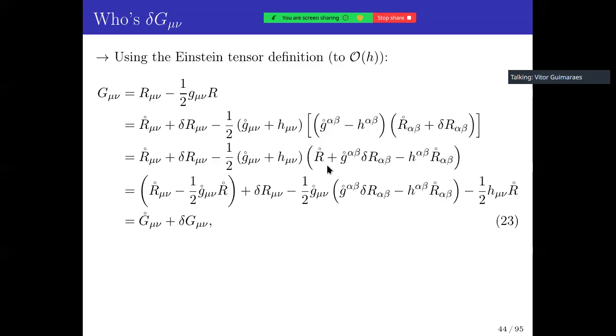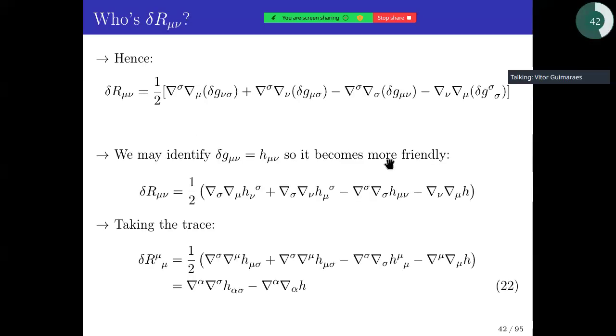So what is left is, well, the contraction of the background metric with the background Ricci tensor gives us the background Ricci scalar. The contraction of the background inverse metric with the perturbed Ricci tensor becomes this, which is basically the same as this.